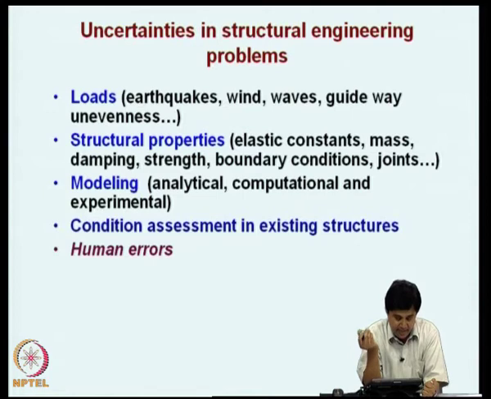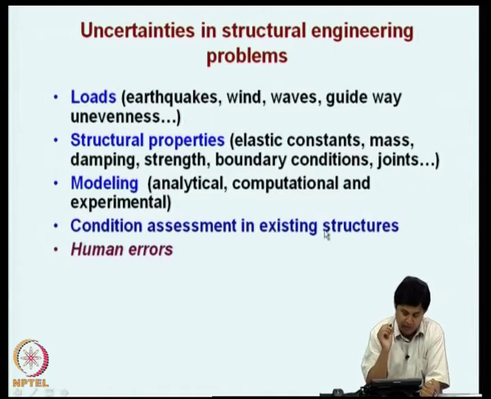So, in any modeling exercise, the analyst will have to take certain decisions, and these decisions are not canonical in nature, in the sense that these decisions can vary from person to person. So, there is a question of uncertainty in modeling.